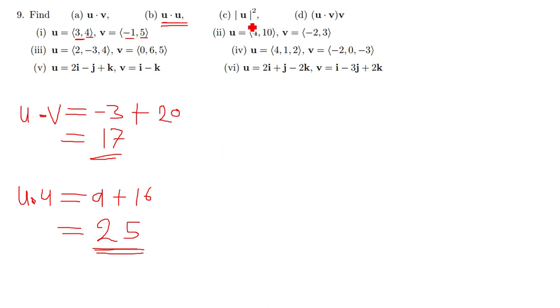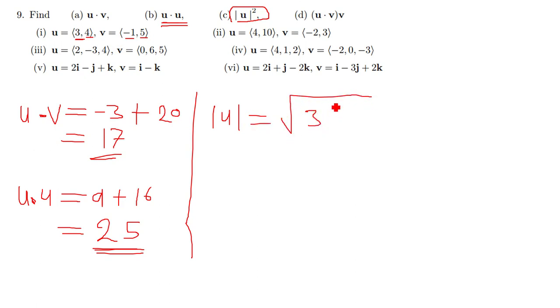And then this one simply means you find the magnitude of u, and then you square it. So the magnitude of u, if I'm taking this as my u, will simply be the square root of 3 squared plus 4 squared.